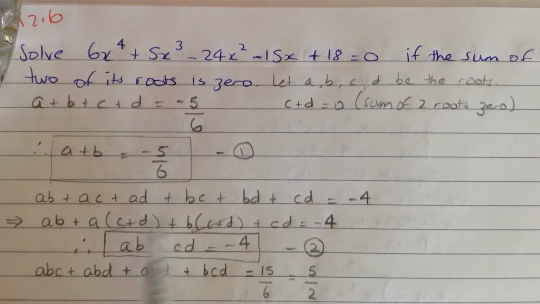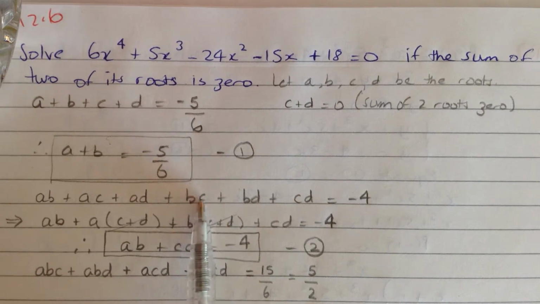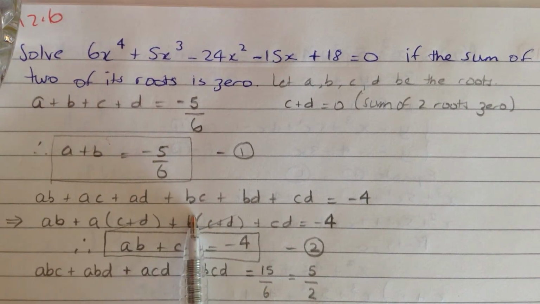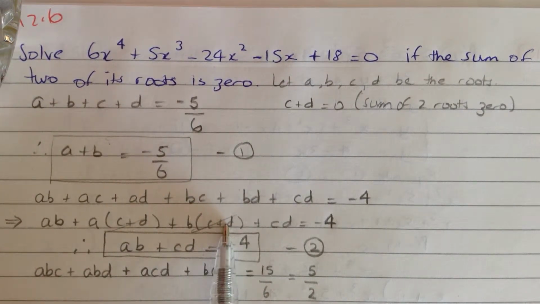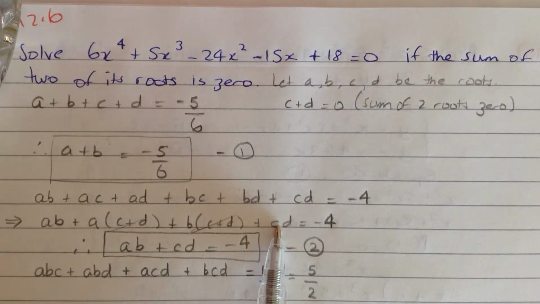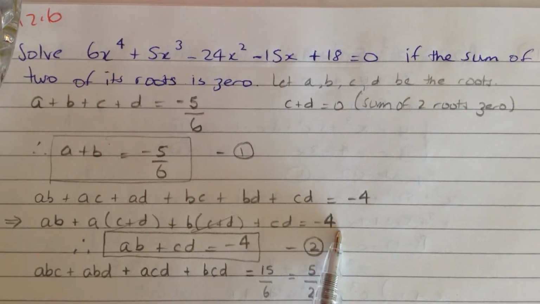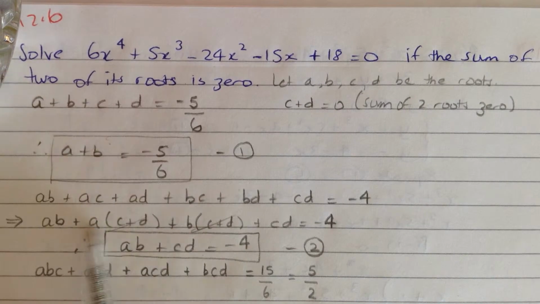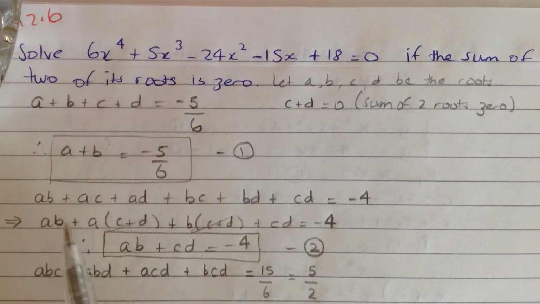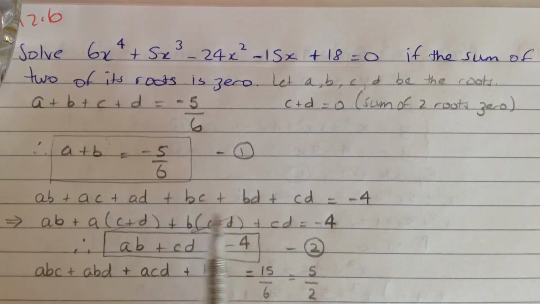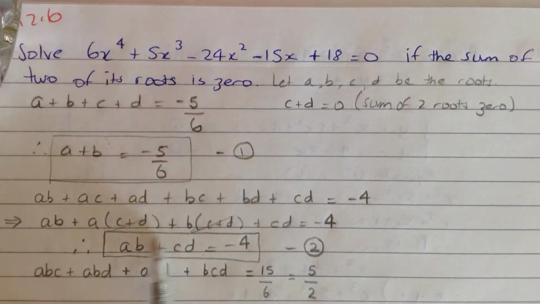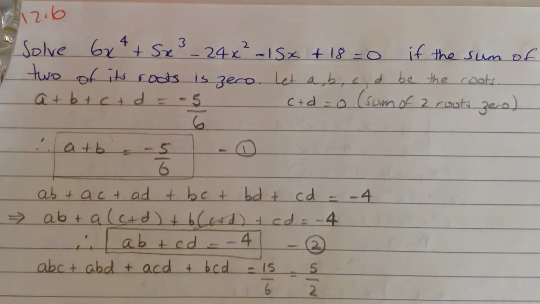You can do the same with the next two terms, taking B out as a common factor, and C + D in brackets, plus CD equals -4. C + D equals 0, so those terms go to 0. You've got AB + CD = -4, and that is equation 2.